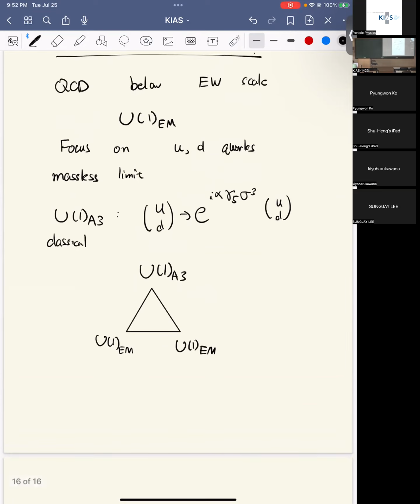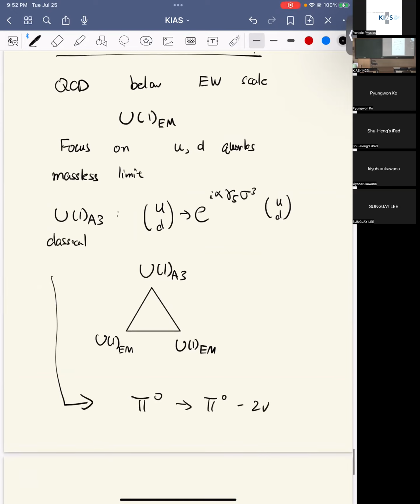Okay, and by the way, this U1A3 is exactly the symmetry that's associated with the neutral pion. It shifts the neutral pion, where F pi is the pion decay constant.